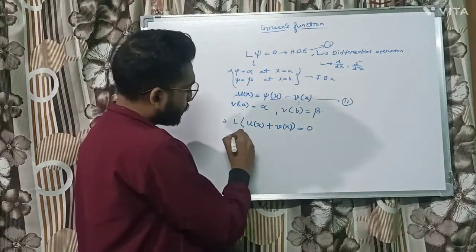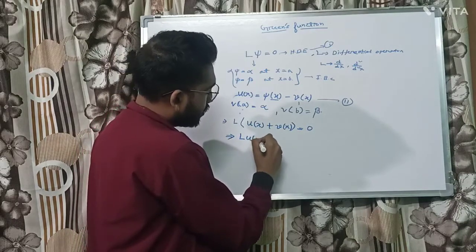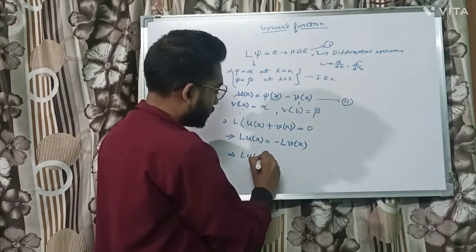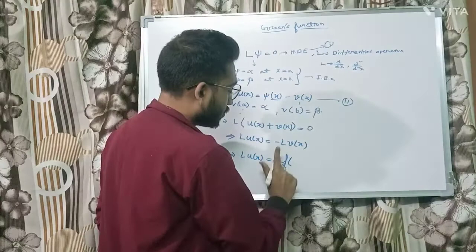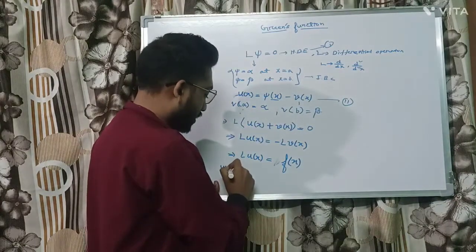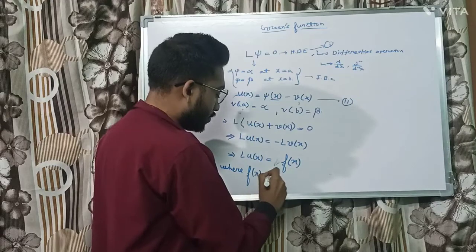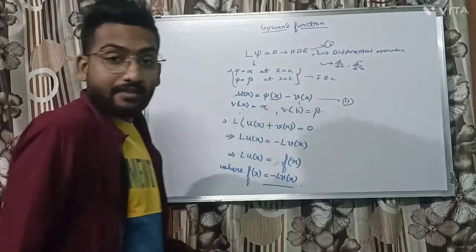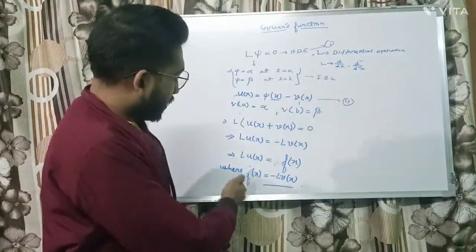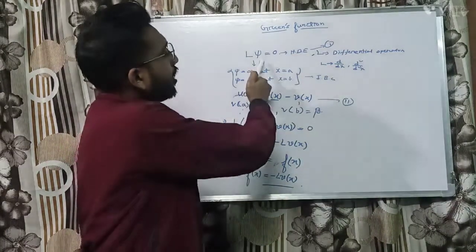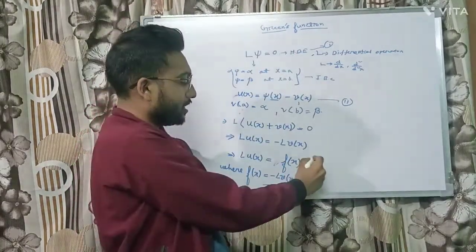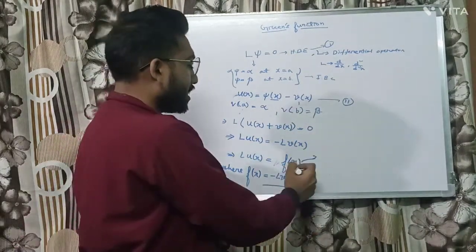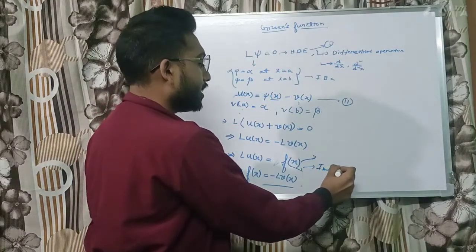So L u(x) equals minus of L v(x). So L u(x) equals f(x), where f(x) is equal to minus of L v(x). Are you getting this point? I started with the homogeneous equation, but I am left with an inhomogeneous equation. I have something on the right side which is a function of x also. So this is an inhomogeneous equation.